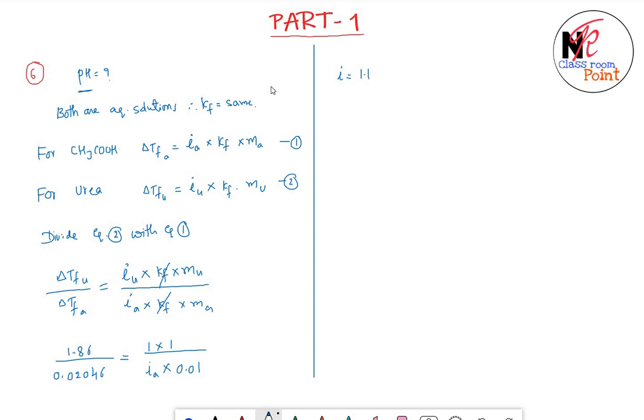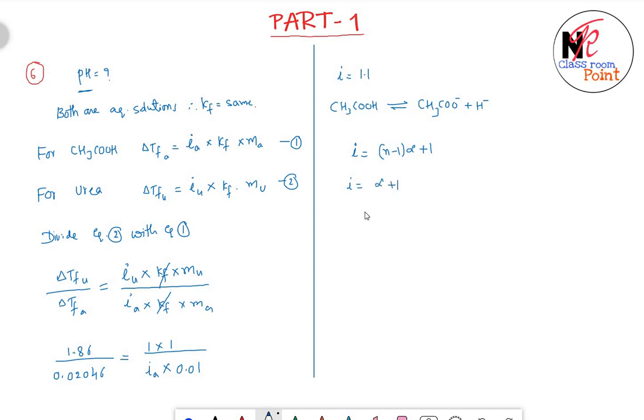So let us consider that acetic acid dissociates into CH3COO minus plus H plus, which means it provides two ions. For such ionic compounds, the i value can be calculated as i equals (n minus 1) alpha plus 1, where n is the number of particles. Here two particles are there, so n minus 1 is 1 only.